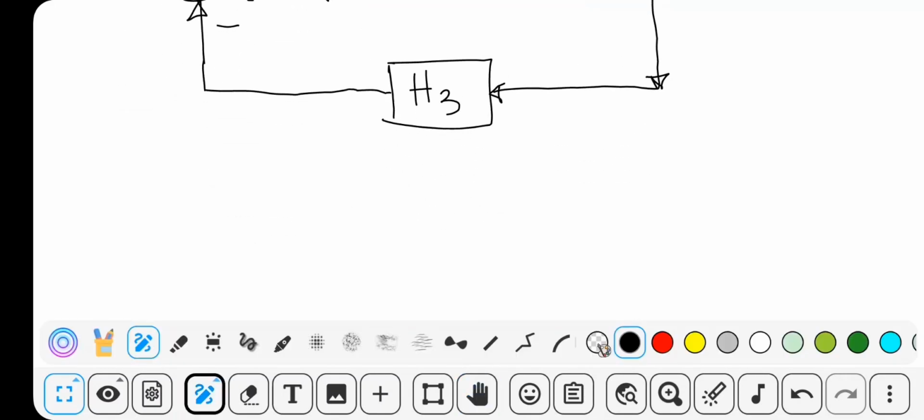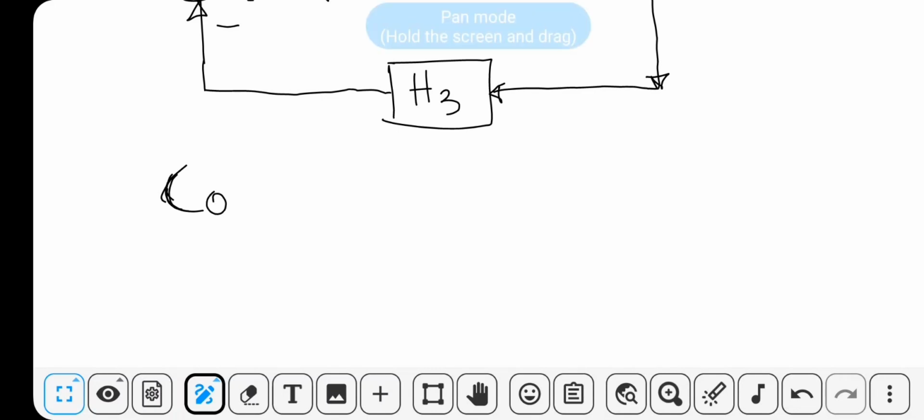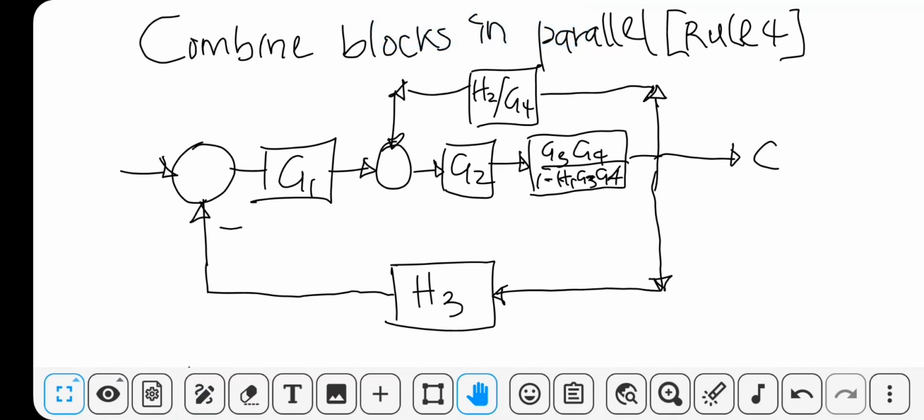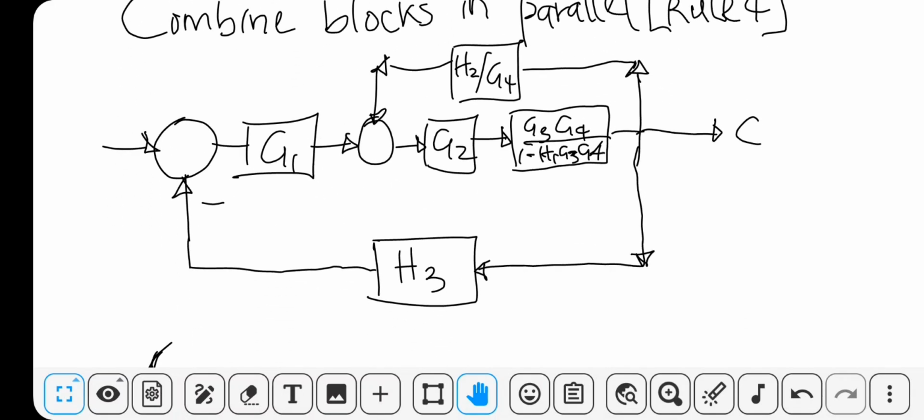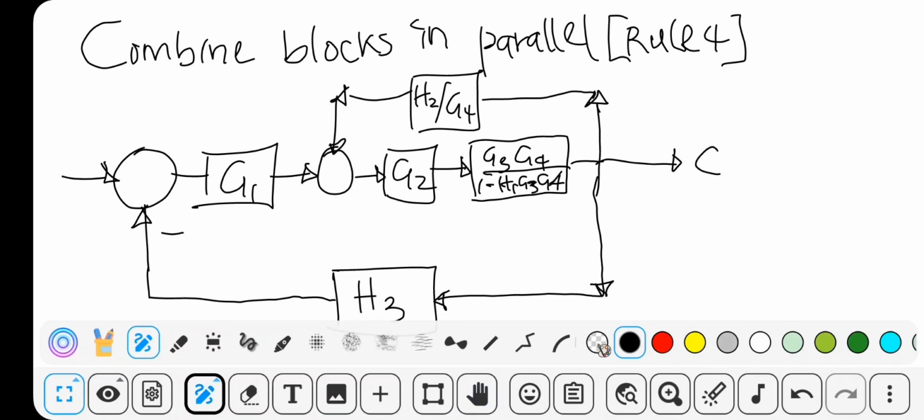the next rule I'll be using is to combine blocks in cascade. So from here we can see that G2 and this other value are in series.